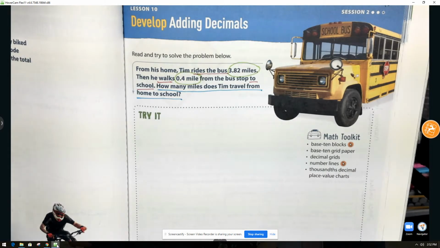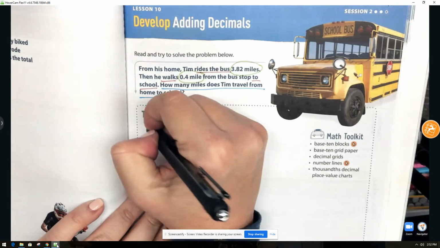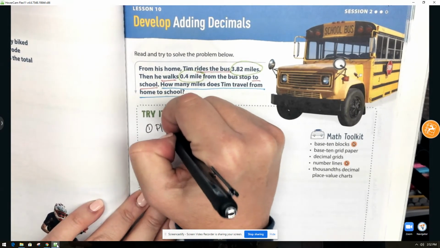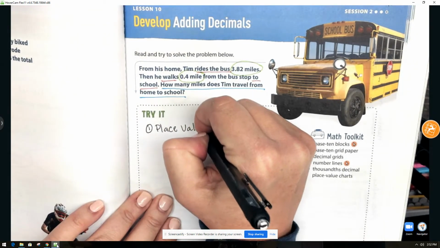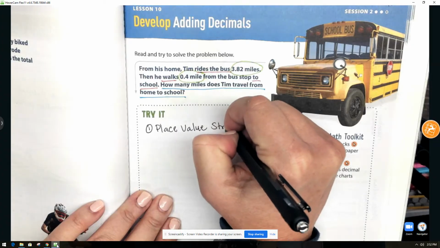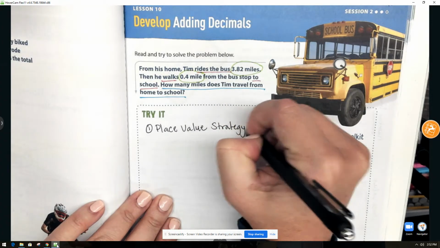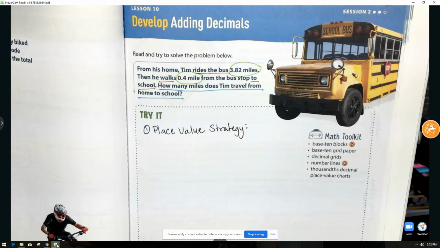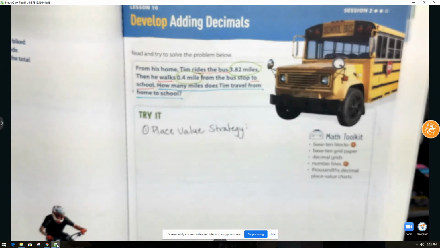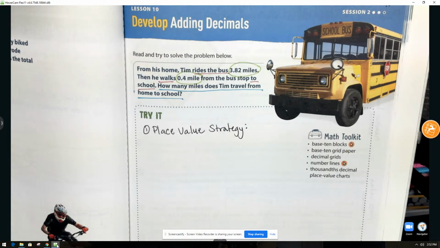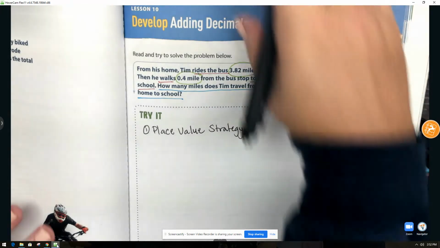So yesterday we used the break apart strategy. Today I'm going to show you the place value strategy. I feel like this is the method that most of you will probably stick with after we show all of our different strategies. This strategy can be done one of two ways.